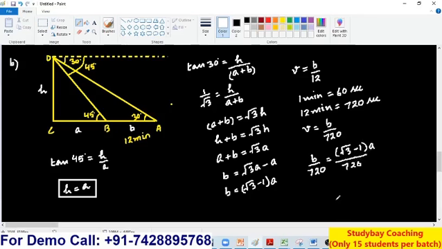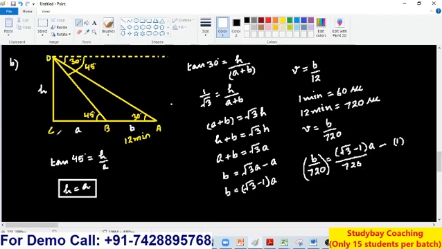This is another point. Now this velocity to travel a distance a will remain the same. So we can say that b upon 720 will be equal to root 3 minus 1 into a upon 720. Now consider this as first equation.